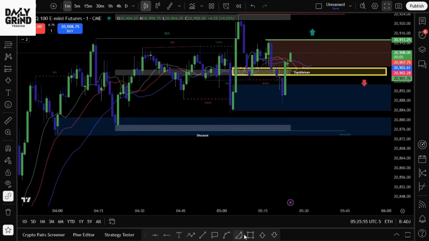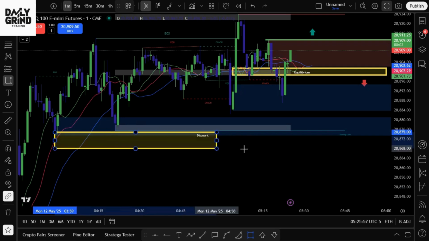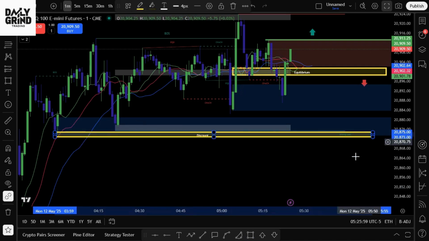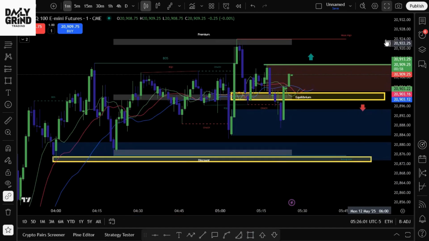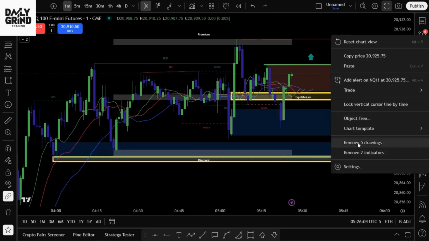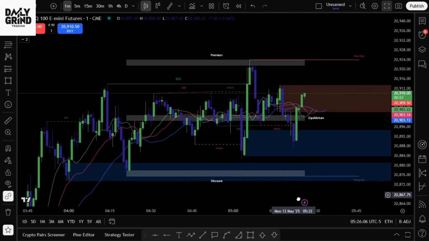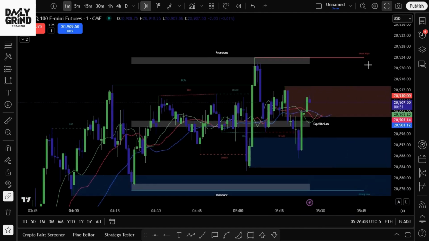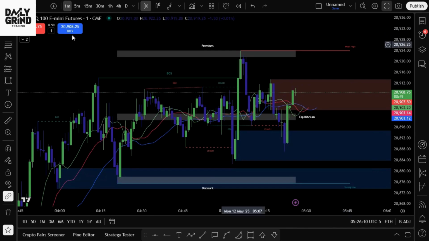Possibly go back and retest here. That setup.